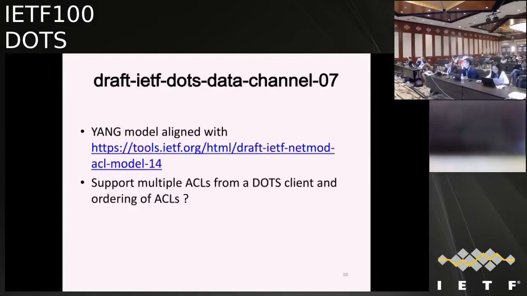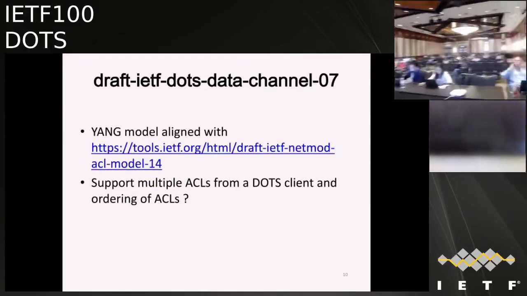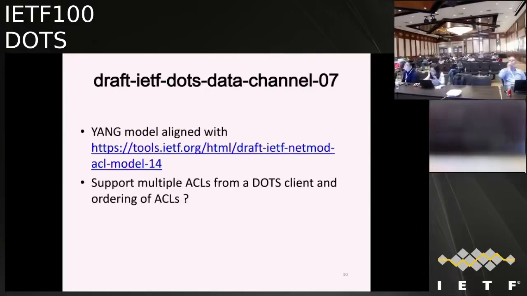And we are still waiting for some feedback from the working group about the support of multiple ACLs, whether we can include it directly into the document or we need to discuss with the authors of the base ACL document. So if there is any feedback or comments, please feel free to share it with us.